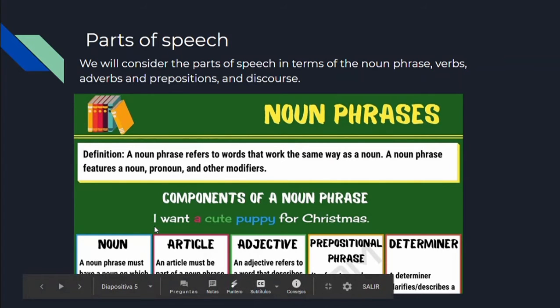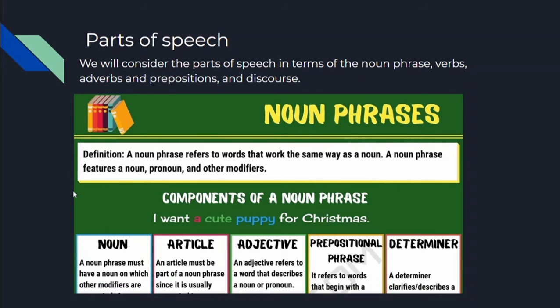For example, "I want a cute puppy for Christmas." Here, we can see "a" as an article. An article must be part of a noun phrase since it's usually used with nouns.